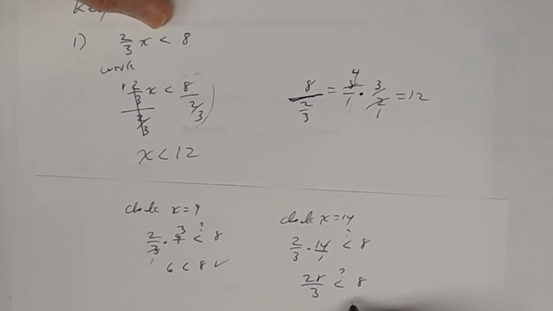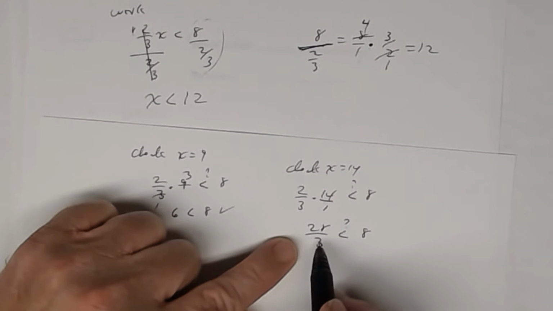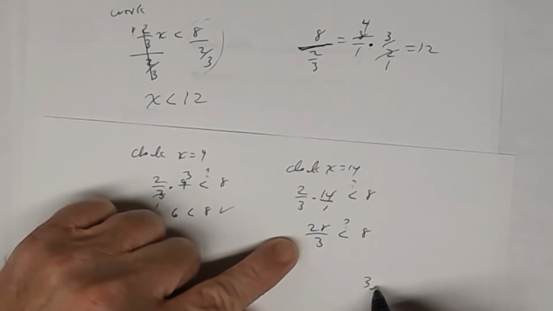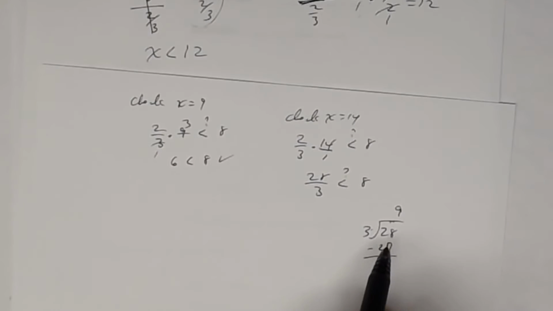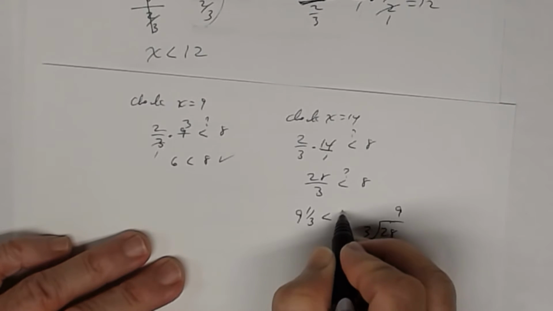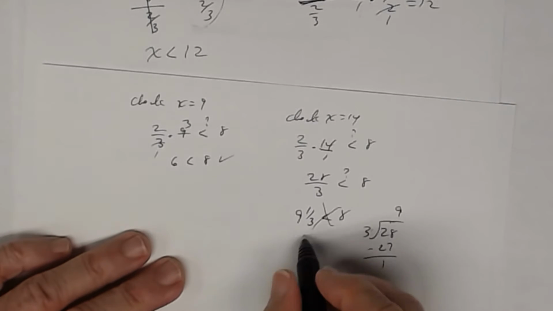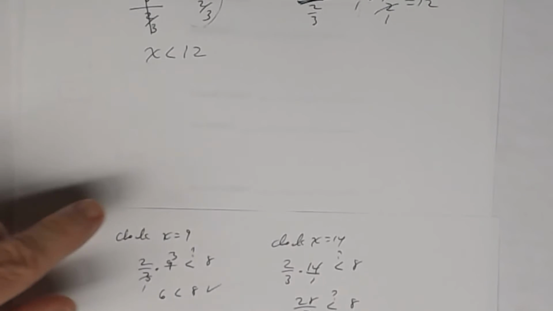Let's change this improper fraction to a mixed number. 3 into 28 is 9, 9 times 3 is 27 with remainder 1. So this is 9 1/3. Is 9 1/3 less than 8? The answer is no, because 9 1/3 is greater than 8. So that's why 14 is not in here.